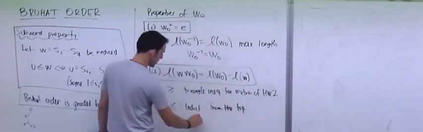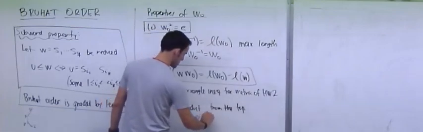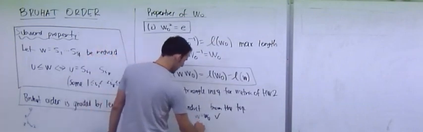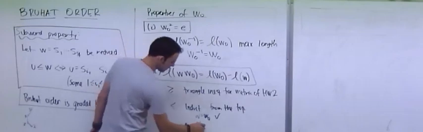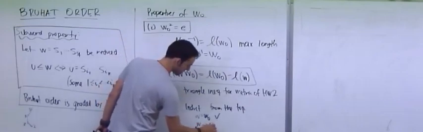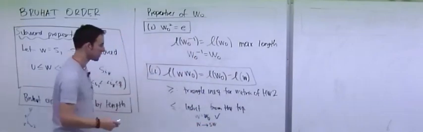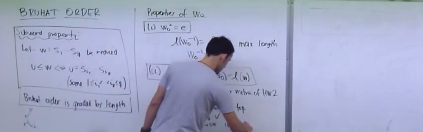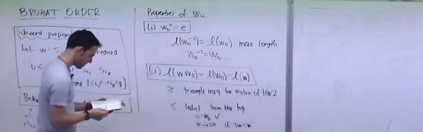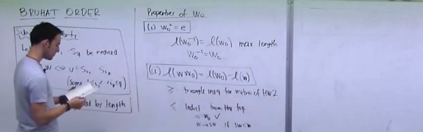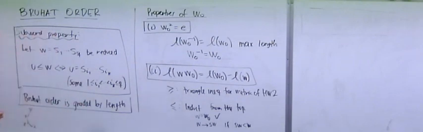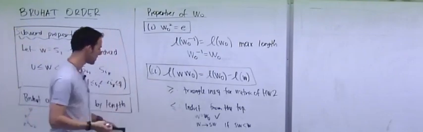So first you prove it for W naught. And then you prove that if it's true for W, then it's true for SW, when SW is shorter. I think I'm trying to rush too much, so let's just prove this carefully, and then I'll continue next time what I want to say.